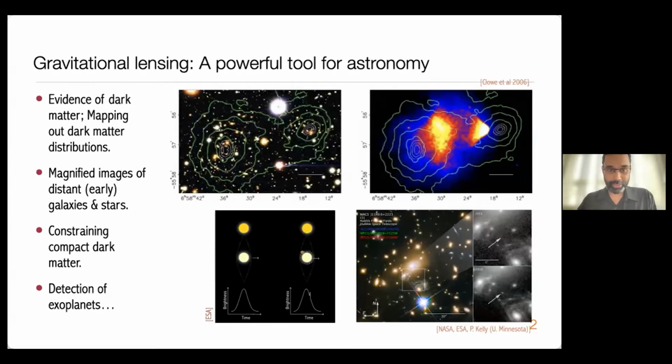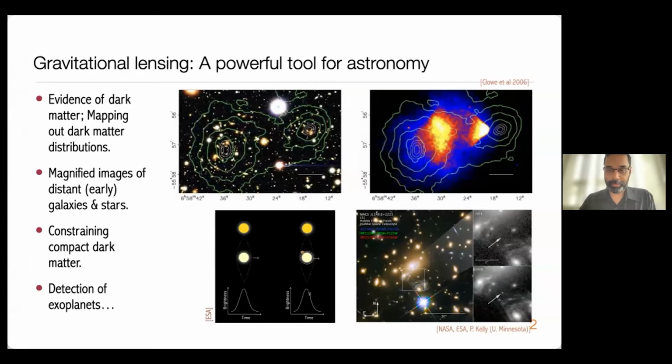As most of you know, gravitational lensing of light has emerged as a very powerful tool for astronomers, astrophysicists, and cosmologists in the second half of the last century. And there are several remarkable examples of how lensing phenomena have helped us to understand different aspects of astrophysics and cosmology.